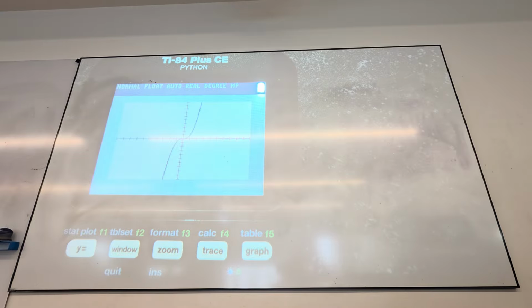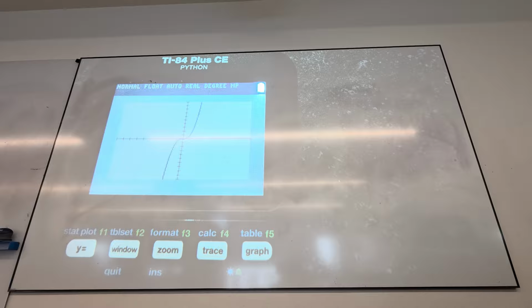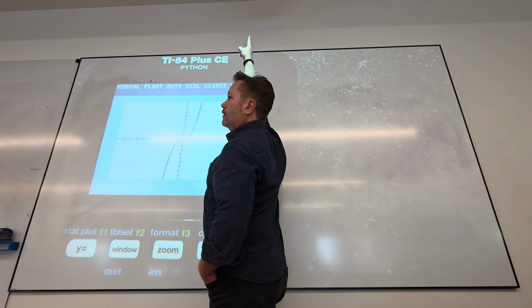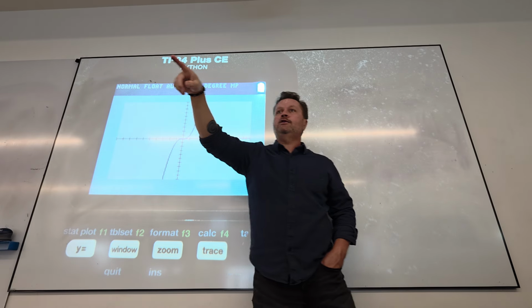What's negative 10 cubed? What's 10 times 10 times 10? So it's negative 1,000. Are you guys with me? So how far do I want to be able to see down? Negative 1,000. And how far up? Positive 1,000. How do I change that?